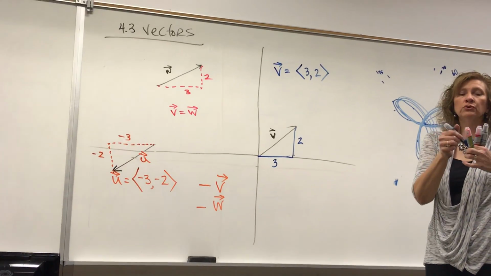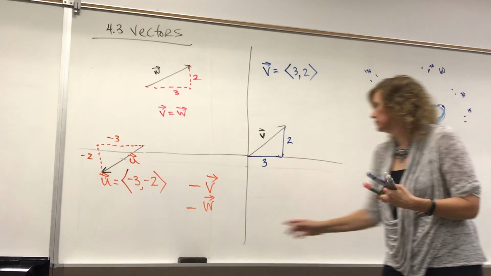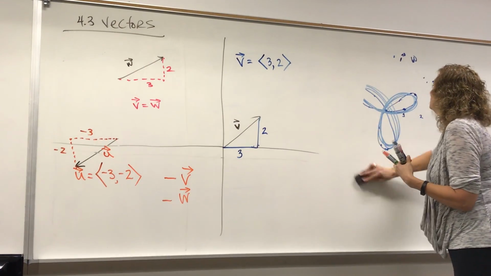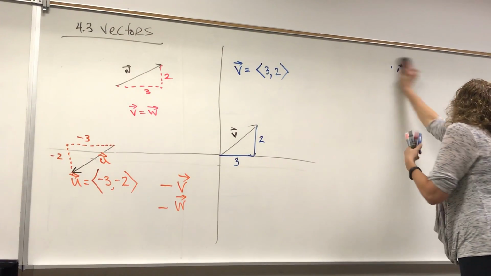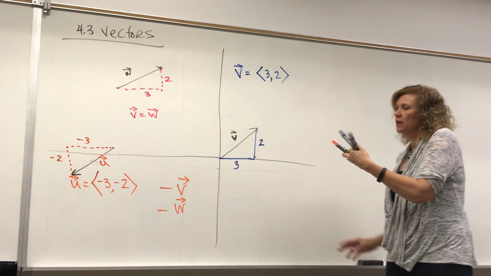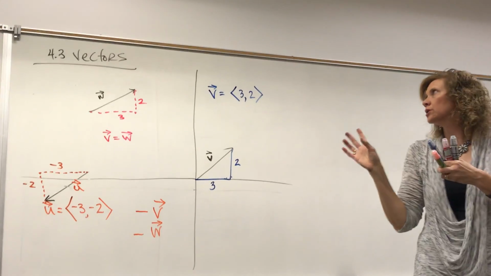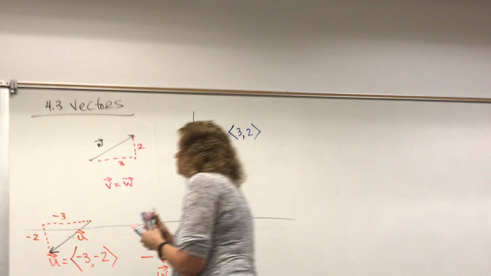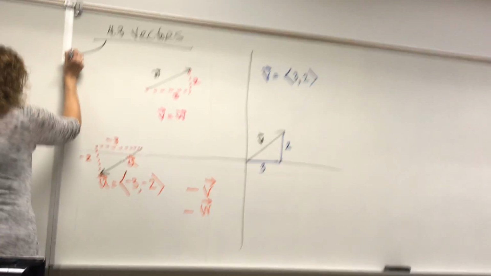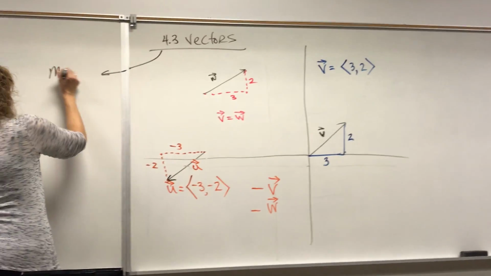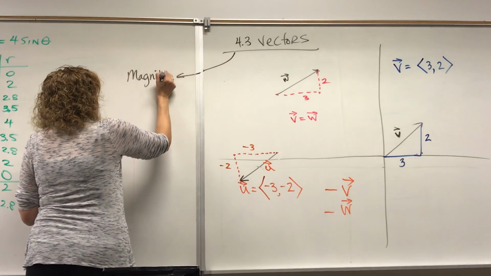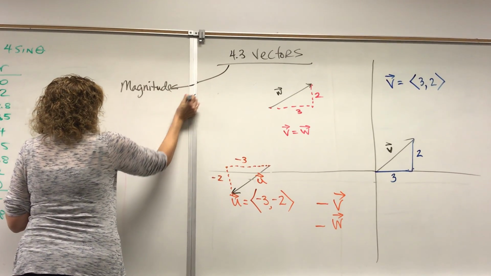Suppose we want to double the length. Okay. Hold on, to double the length. So there are 2 things that vectors have. They have magnitude and direction.